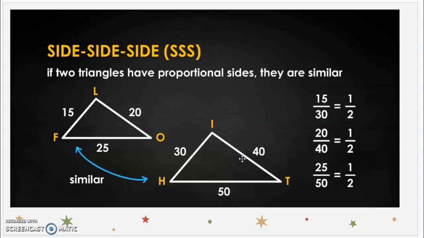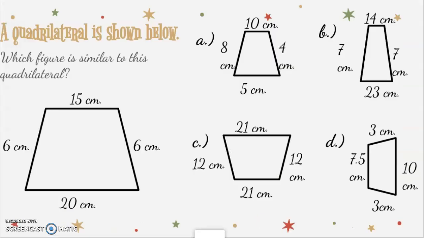So let's actually practice some of these so you can see what I'm saying. Our first question is, a quadrilateral is shown below. Which figure is similar to this quadrilateral? What we're going to do is pay attention to our 2 sides right here that are exactly the same amount.